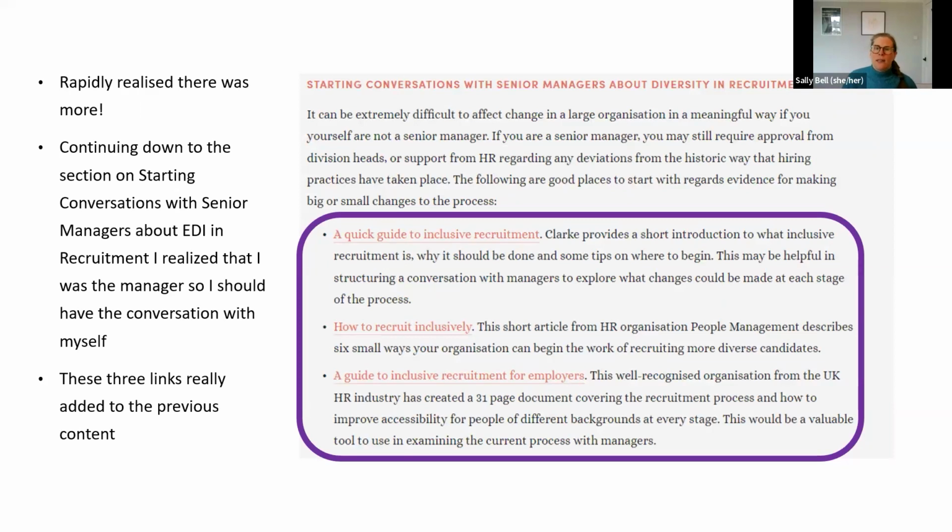But I realised that there was a whole lot more going on in the recruitment section of the toolkit. There's this little piece here about starting conversations with senior managers about diversity in recruitment. Actually, what I realised there was that I'm the manager. I need to have this conversation with myself about recruitment.